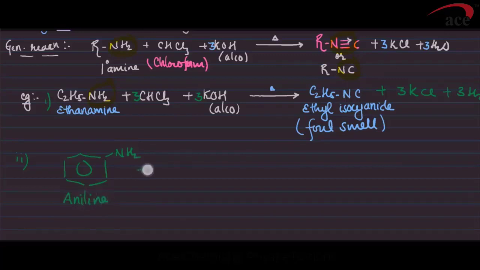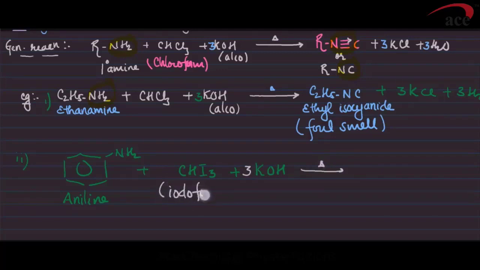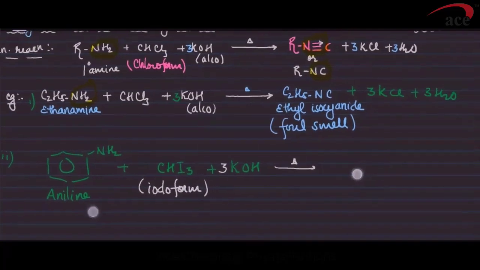When aniline is treated with 3 moles of CHI3 along with 3 moles of KOH, and it is heated, this will give you, now this is iodoform. So again, an aromatic primary amine is treated with iodoform in the presence of alcoholic KOH.